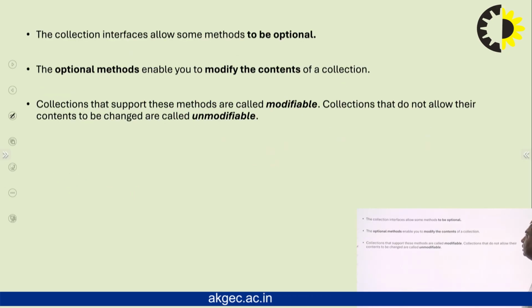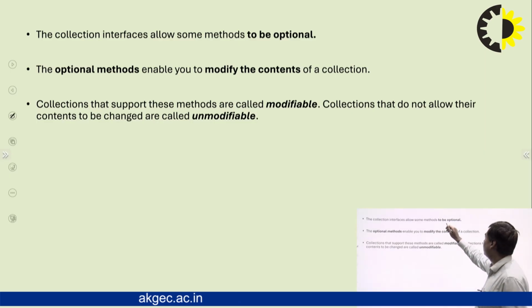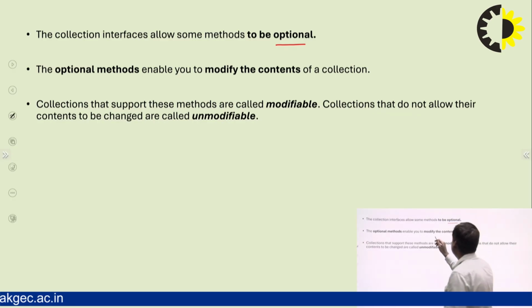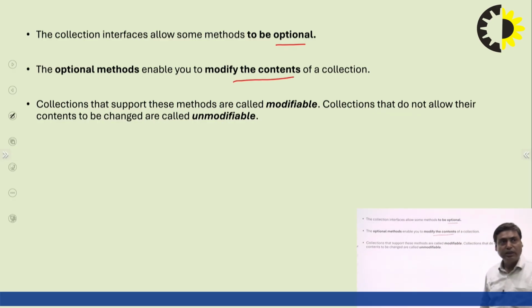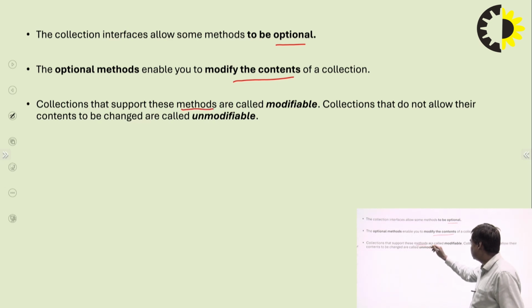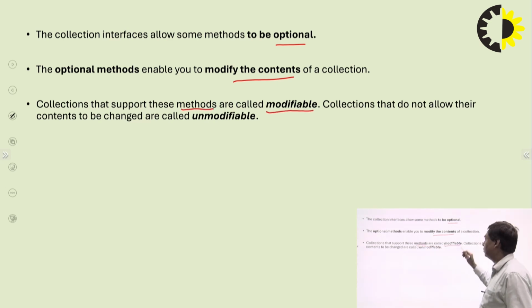Next, collection interfaces have some optional methods. Optional methods enable you to modify the contents. So, yes, it is possible to modify the content of the collection. Collections that support those methods are called modifiable.